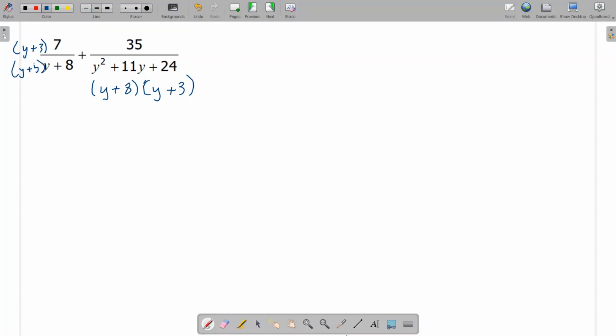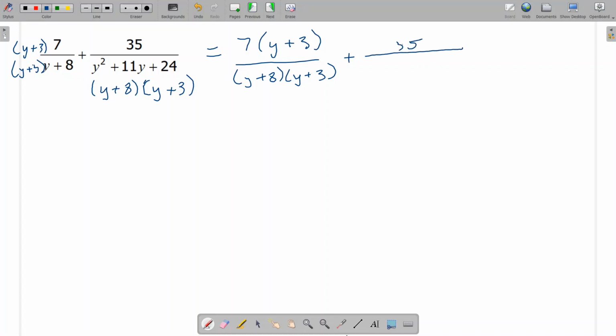Now, when I do that, I'm not going to actually multiply anything yet. I'm just going to write it like this. And I'm going to leave my denominator over here in factored form as well.